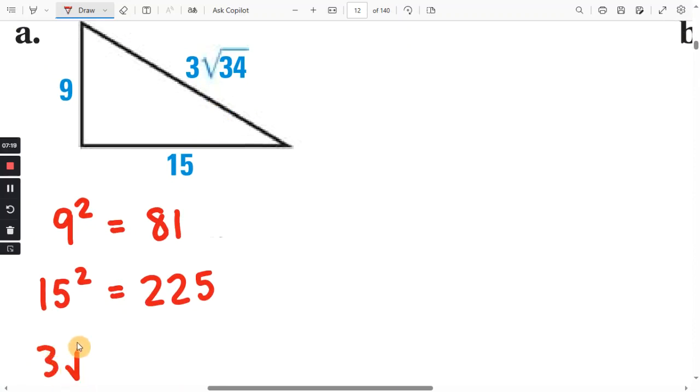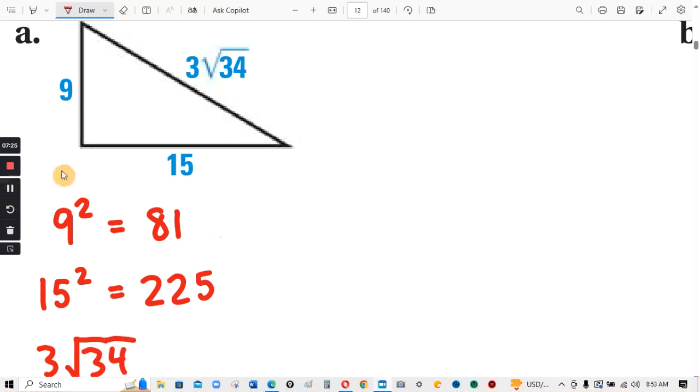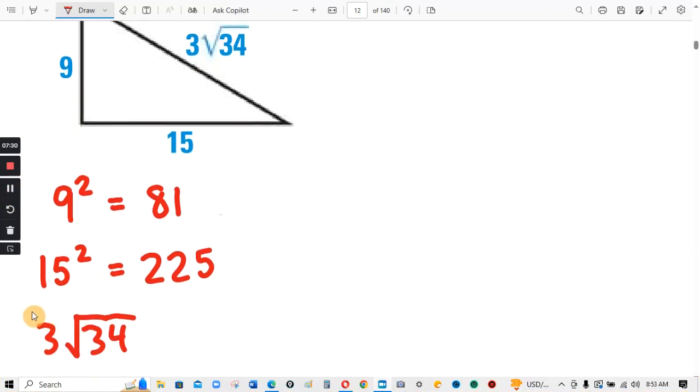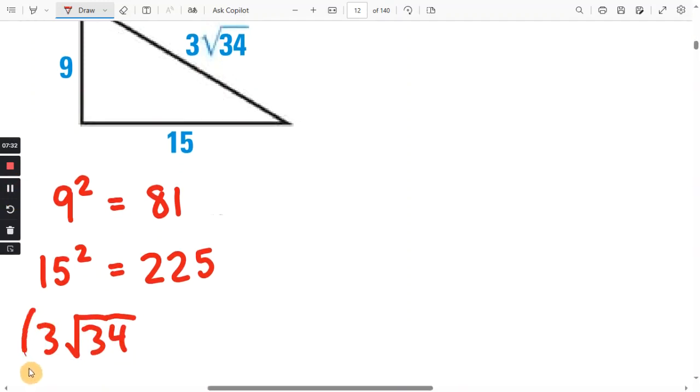We're starting by squaring each side. All right, so 3 radical 34 squared. You guys told me before, you square each one individually. So the 3 gets squared. Good. But also, the radical 34 gets squared.